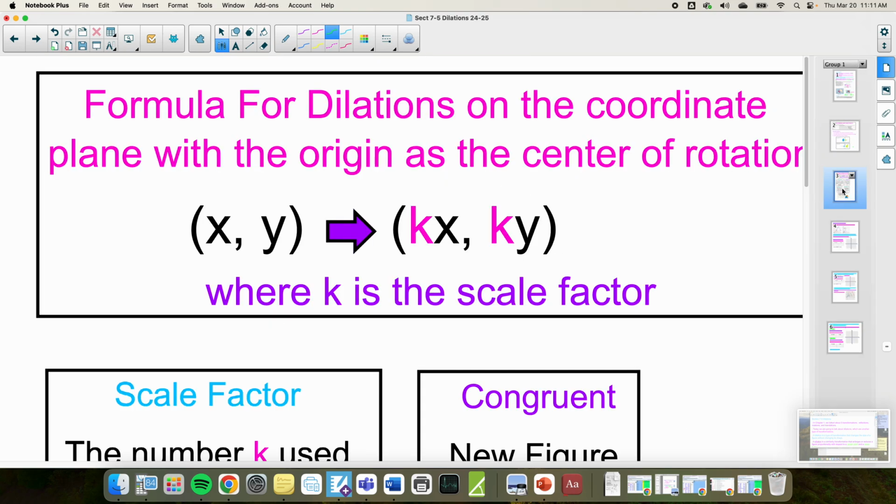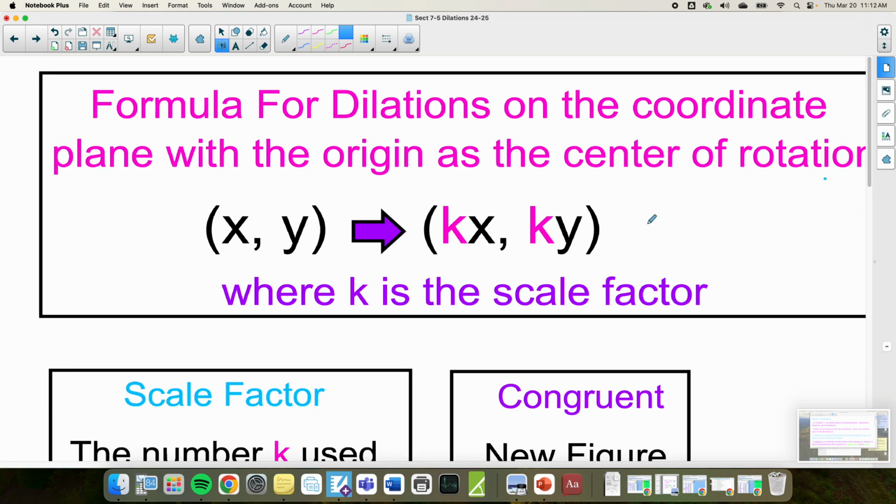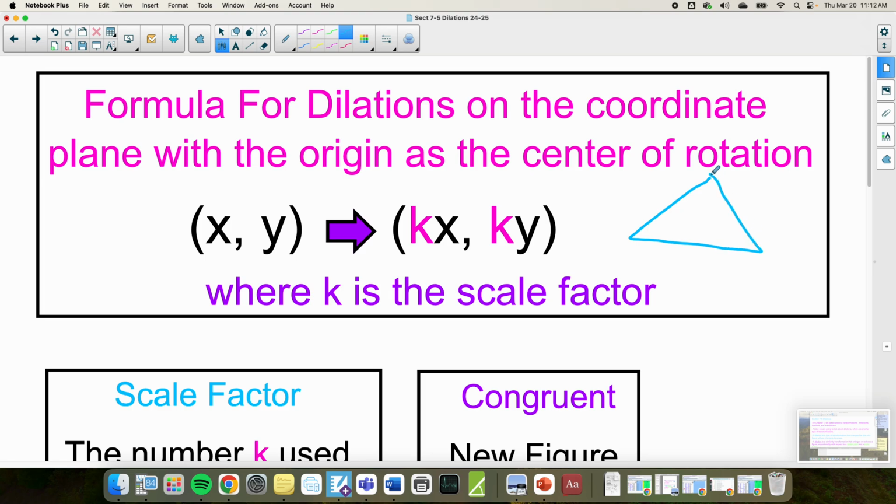One last thing we need to know going in is that you're going to get points today on your coordinate plane for everything. So let's say that you had this triangle on a coordinate plane, and let's say this point right here was 6, -1, and you knew that your K, your scale factor, was 0.5.